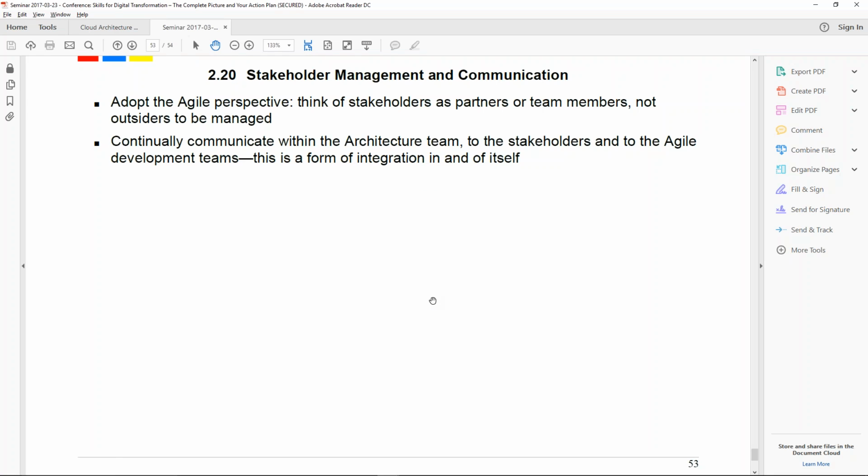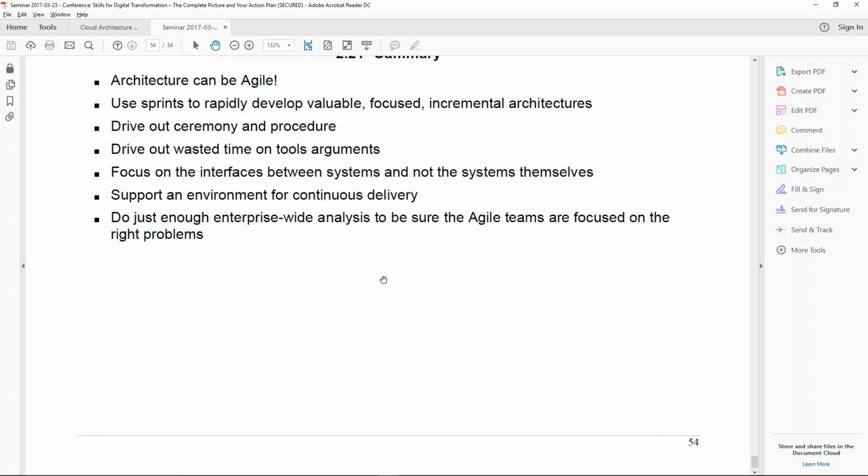Agile's about collaboration. You need lots of collaboration inside and outside the architecture team. Can you do Agile architecture? Yes. You can do sprints. They give you incremental architectures, not final solutions. We would like less procedure, less documentation, less argument on tools.